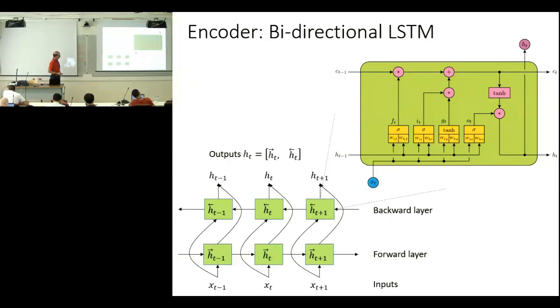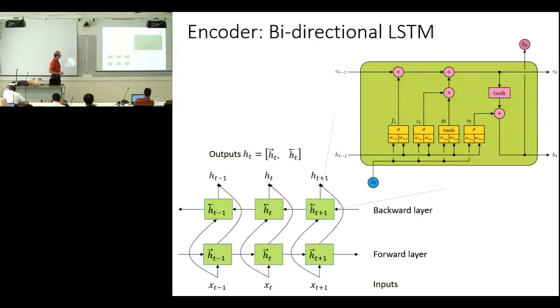It is important to have both directions, because let's suppose that we have only this state, which contains information from the beginning up to here. It does not have information for the rest of the time sequence.